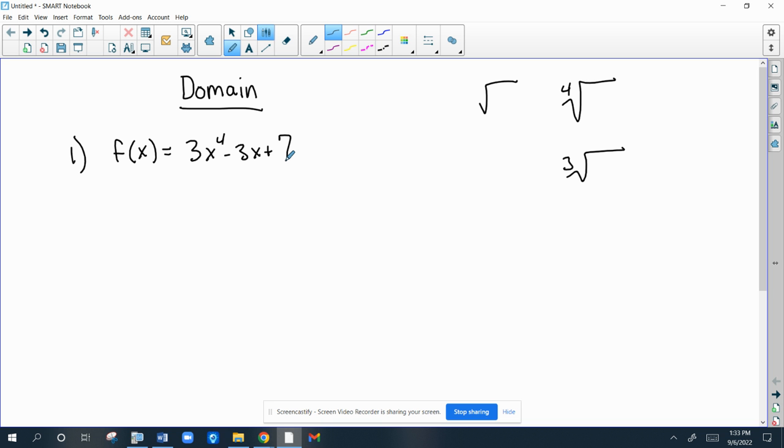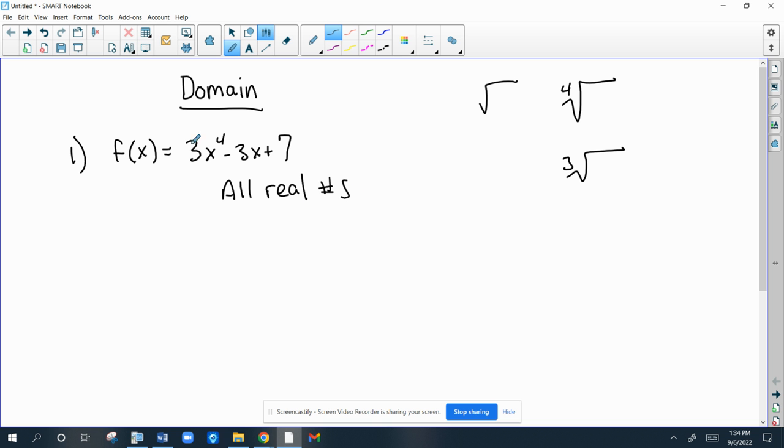So the answer is no. Second thing, would any value of x force you to take an even root of a negative number? Well, there's no radicals in here. There's no roots. So there's nothing to limit what x is here. You're not dividing, and you're not taking an even root. So the domain for this is all real numbers. In other words, x can be anything, and you'll get a real answer.